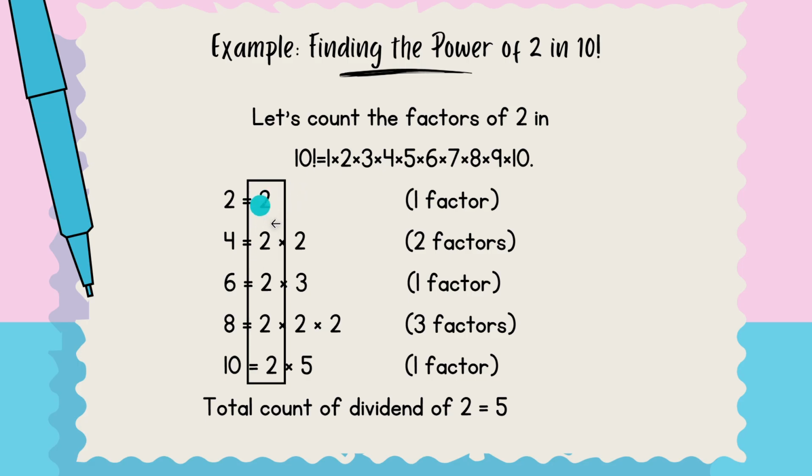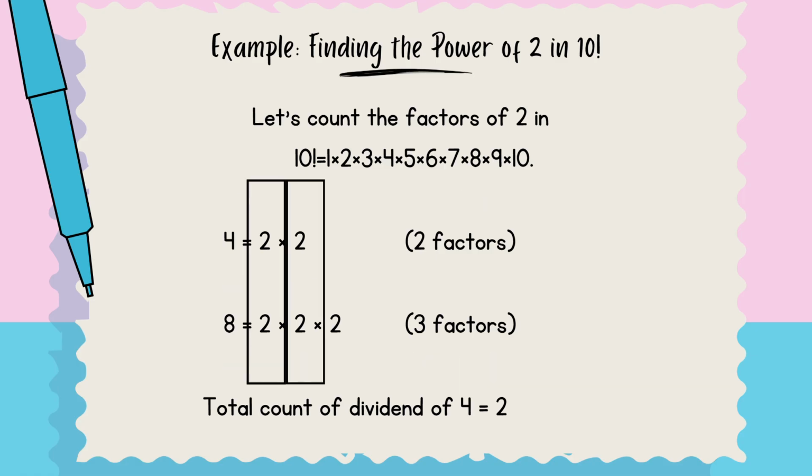Since 2, 6 and 10 have only one count of 2, the total count of multiples of 2 is 5, because 2, 4, 6, 8 and 10 all have a factor of 2. Now since 2, 6 and 10 have only one factor of 2, we will remove them when we count the multiples of 4.